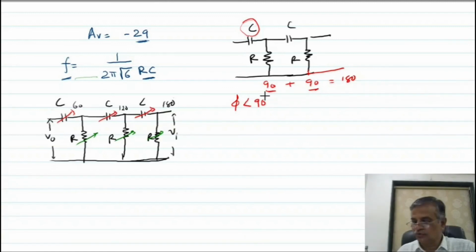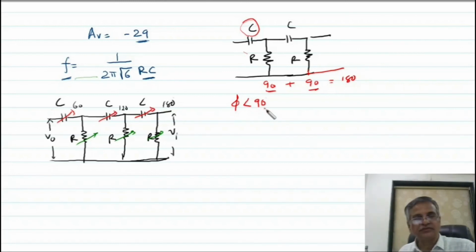So we cannot get a 180 degree phase shift from the 2 RC network. In practical capacitors, due to dielectric loss, the phase difference is always less than 90 degree.